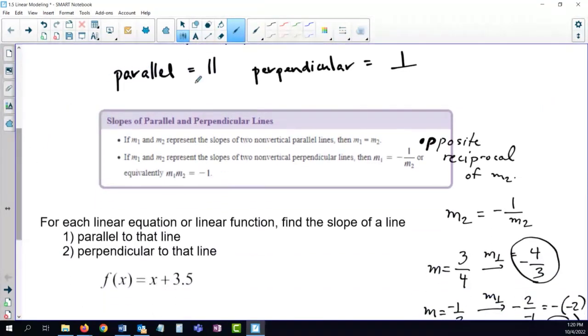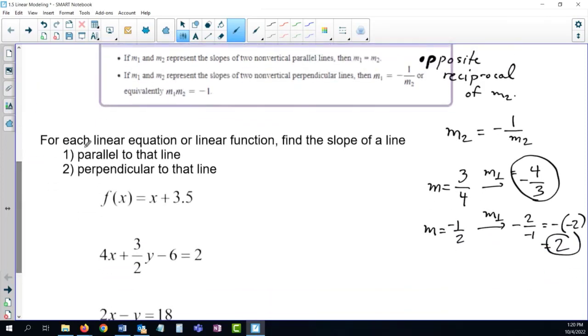All right. So if I have two lines that are parallel, their slopes must be the same, right? Because if they're parallel, they go on forever without touching. They never touch, never cross, never do anything, so they've got to be continuing at the same rate forever.